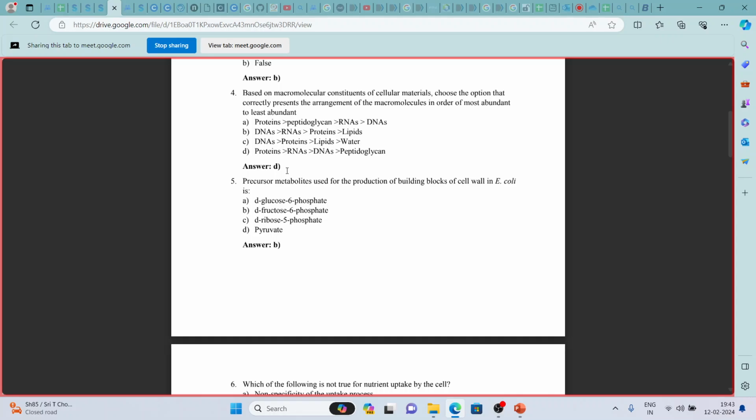Based on macromolecular constituents of cellular materials, choose the option that correctly represents the arrangement of macromolecules in order of most abundant to least abundant.